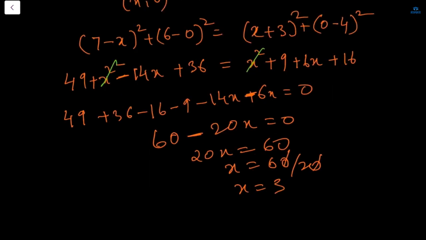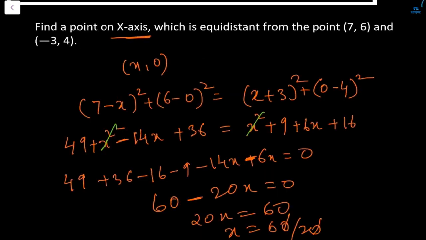Maybe somewhere a little mistake. I couldn't do minus 3 minus x whole square. Okay, what you can do now is write x plus 3, and you can take out that minus common. If you take out the minus common, then it becomes plus. But actually, I did it the other way: you wrote 7 minus x, and I did x minus 7. So my x2 and x1 were different than yours.